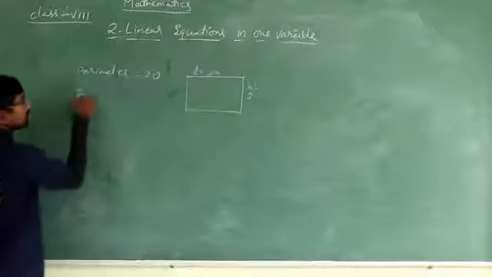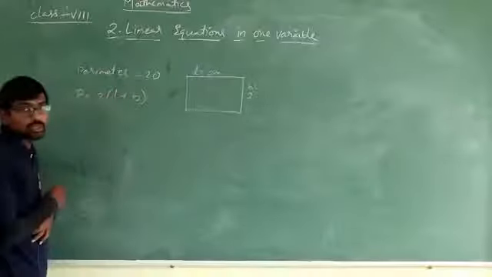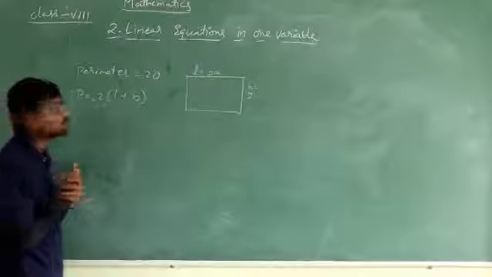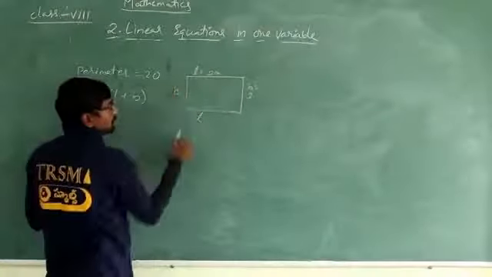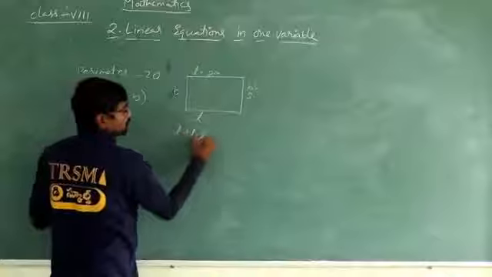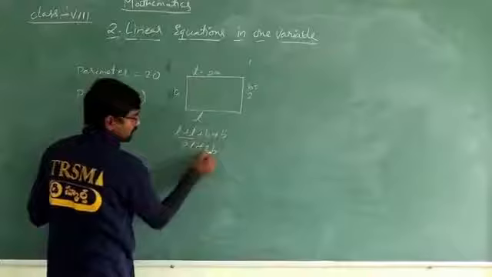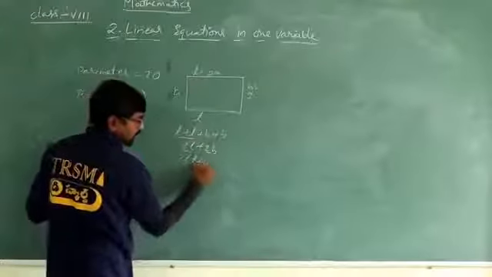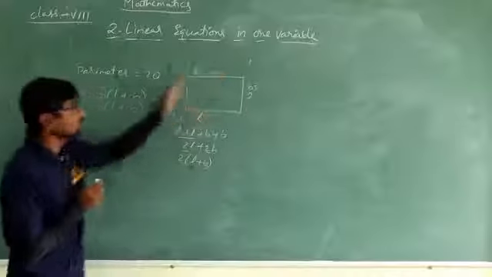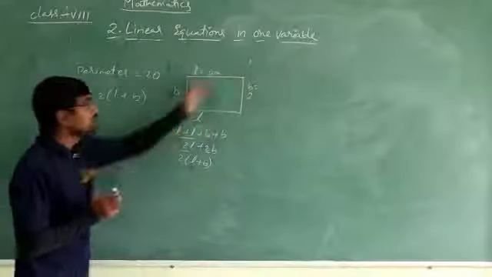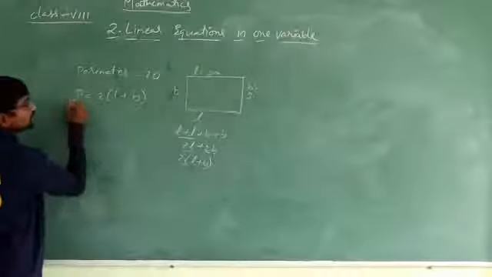You know the perimeter of a rectangle is 2 into L plus B. Why do we get 2 into L plus B? See here: L plus L, B plus B, so 2L plus 2B. If I take 2 common, I get 2 into L plus B. What is perimeter? Adding all the borders is called perimeter.